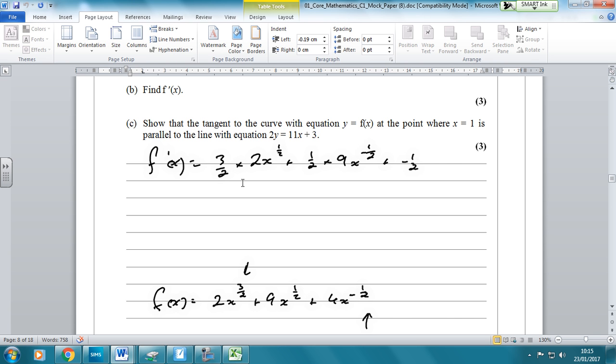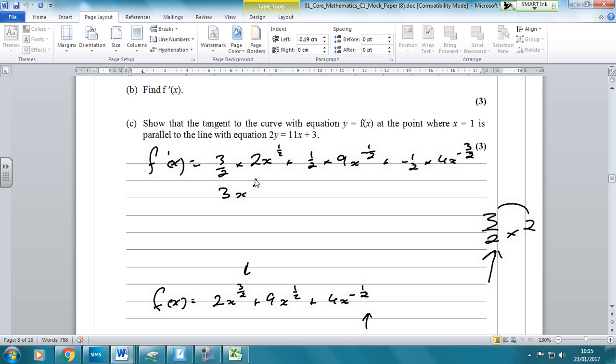If we take away 2 halves from that, that's going to be plus, and then minus 1/2 times by 4x to the power of minus 3 over 2. So then we've got to simplify it. So if we multiply 3 over 2 by 2, whenever we multiply a fraction by a whole number, just multiply the top numbers together, so 3 times 2 is 6, then we divide that by 2. So 3 times 2 is 6, divided by 2 is 3.